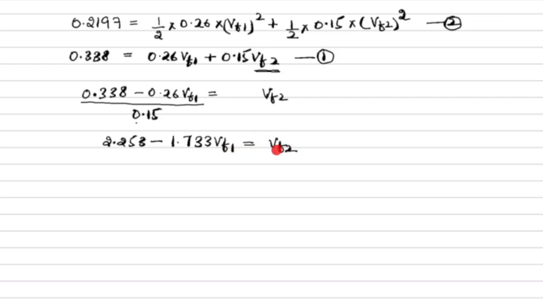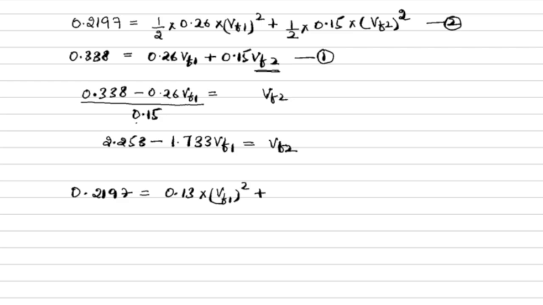Now we can put this value of VF2 in the second equation which we got from the conservation of kinetic energy, and that way we will get a single equation which has only one variable, which is the final velocity of mass object 1. So that is what we are going to do. So I'm writing the second equation again. 0.2197 will be equal to, let me clarify this also, half multiplied by 0.26 will be 0.13, and that will be multiplied by VF1 squared.